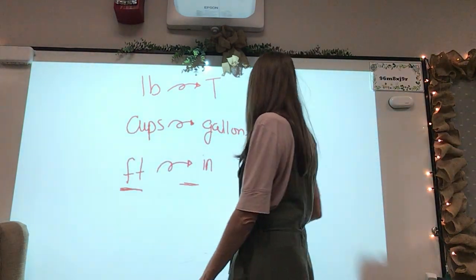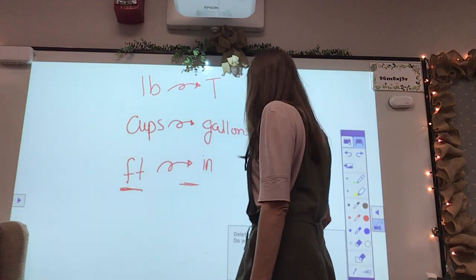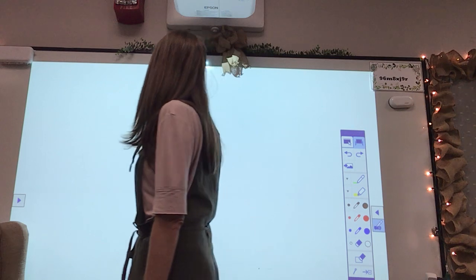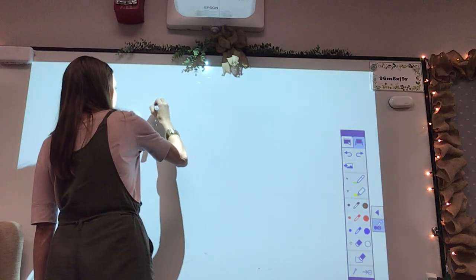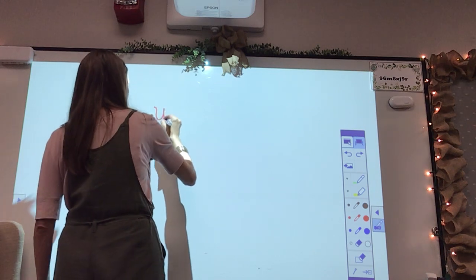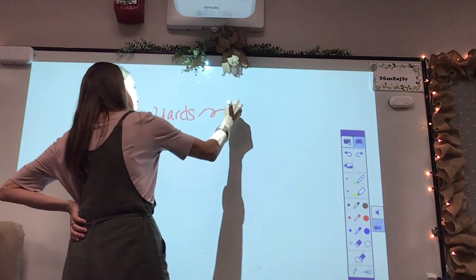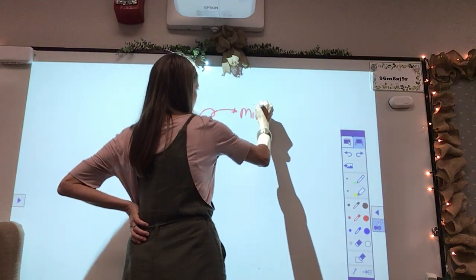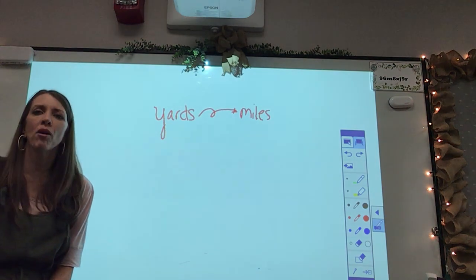All right, everybody stand back up. This time, if you get it wrong, you need to sit down. Oh yeah, you're so gonna get it wrong. Classic vehicle. All right, yards to miles. Are you going to multiply or divide?